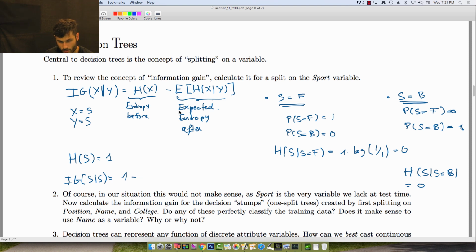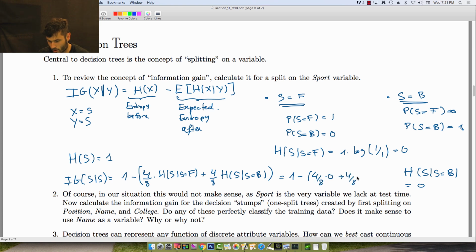So how many times do we have football? In total, we have 4 out of 8 times the entropy of sport given sport equals football, plus 4 out of 8 that we have basketball times the entropy of sport given sport equals basketball. And this is 1 minus 4 over 8 times 0 plus 4 over 8 times 0, and this is equal to 1.